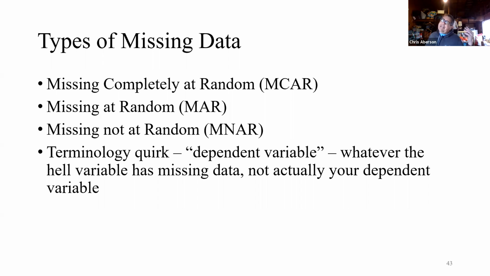Dependent variable doesn't mean what you think it means in terms of missing data. It does not mean your actual dependent variable. It means whatever variable has missing data. Whatever variable we're focused on is the dependent variable. So that's a challenging term. Just remember, it's used differently.